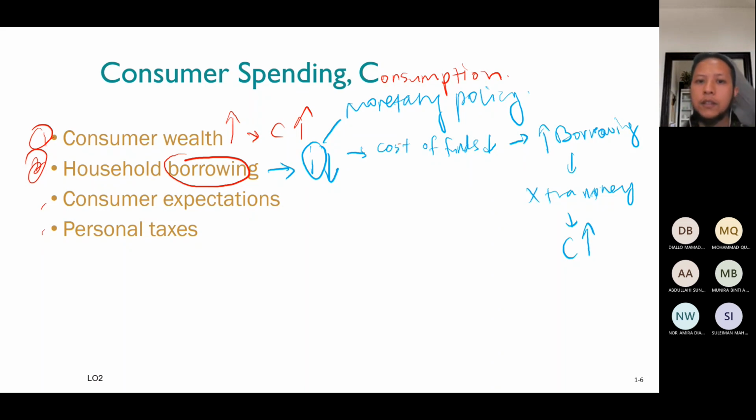This was in order to reduce inflation, and in order to do so, you have to reduce spending. So when you increase interest rates, there will be less borrowing, and this will eventually cause less spending in the economy, reducing consumption. And then there's the third factor that influences consumer spending.